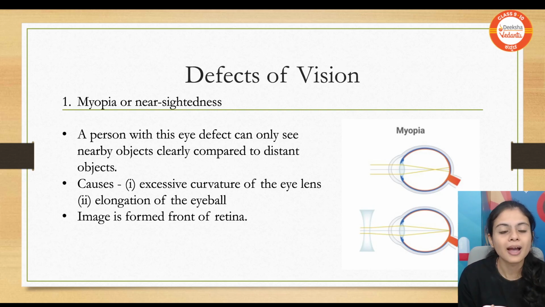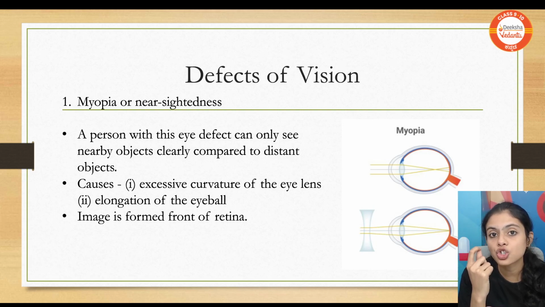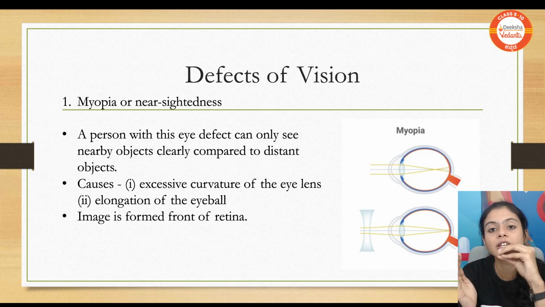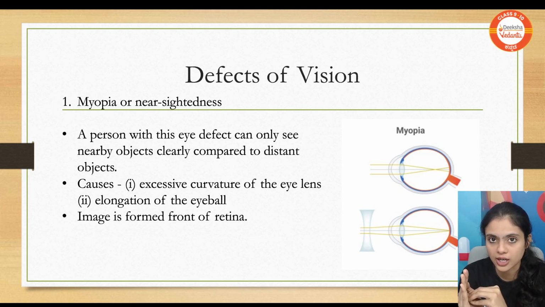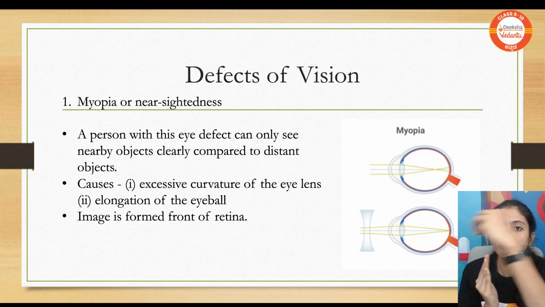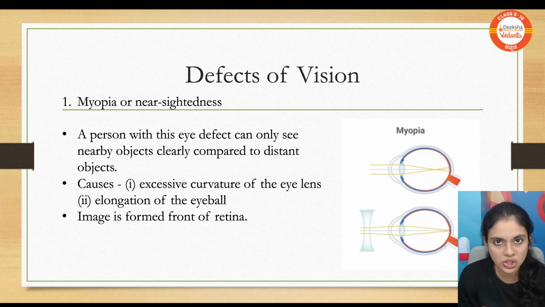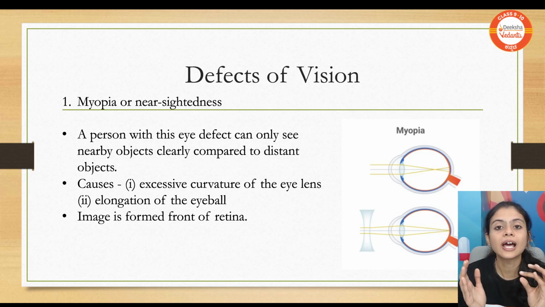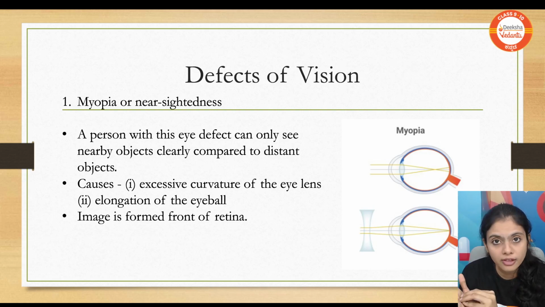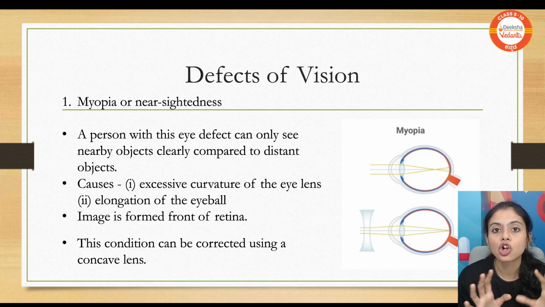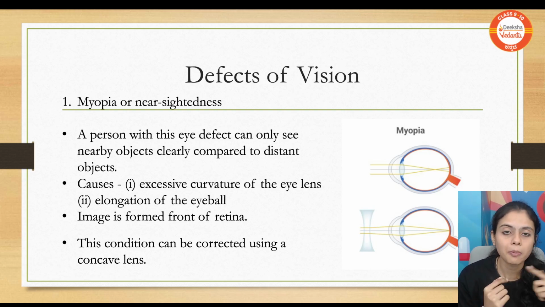Whenever the myopic person looks at a far object, parallel rays enter but they converge before the retina. Only when they converge on the retina can we see the object. If it is before or behind the retina, we can't see clearly. Hence, to correct this defect, we use a diverging lens, that is, a concave lens.